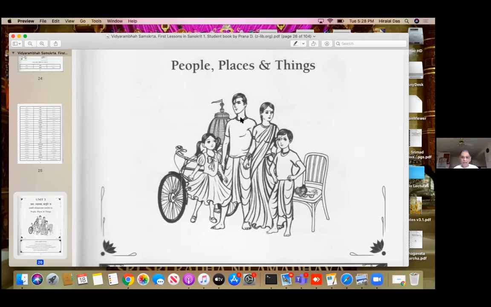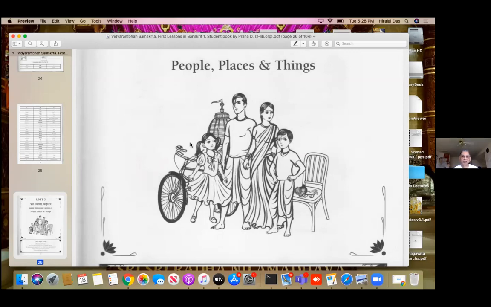For man, we say manusyaha. For woman, in Sanskrit, we say mahila. For boy, we say balakaha. For girl, we use the Sanskrit word balika. For chair, we use the word asandaha. And for bicycle, we use dvichakrika.